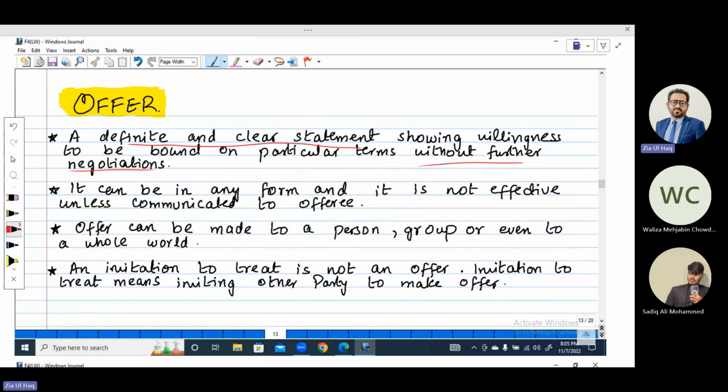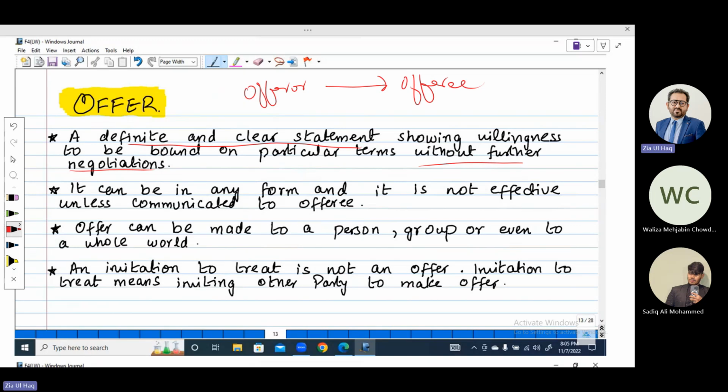A definite and clear statement showing willingness to be bound on particular terms without further negotiation is an offer. It can be in any form, and it is not effective unless communicated to the offeree. Meaning in an offer, there are 2 parties involved. One is called the offerer and the other is called the offeree. The offerer is offering something and the offeree is accepting the offer.